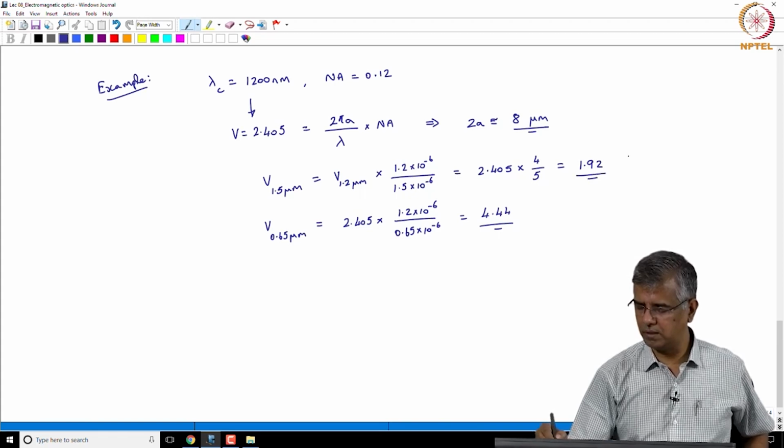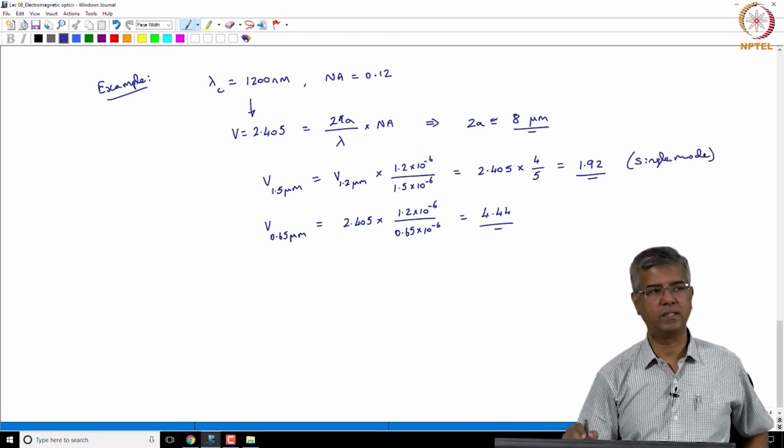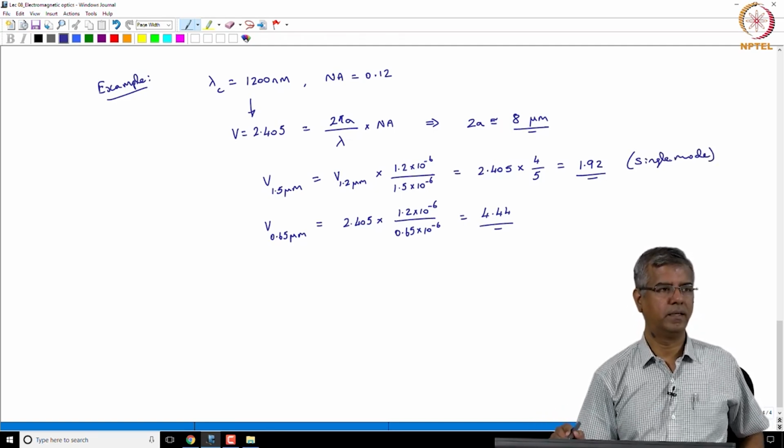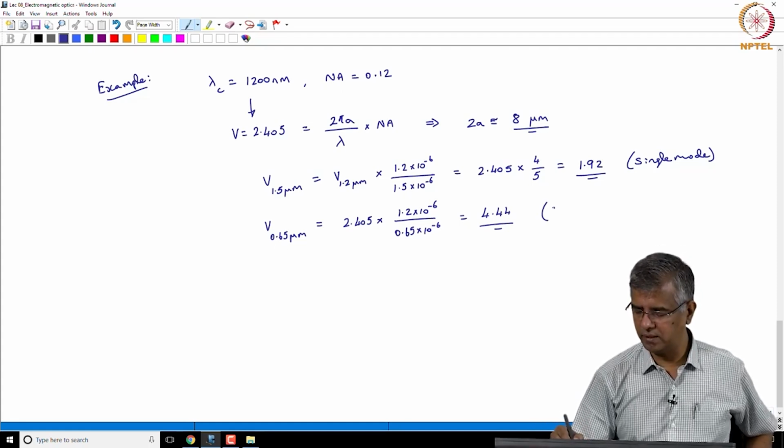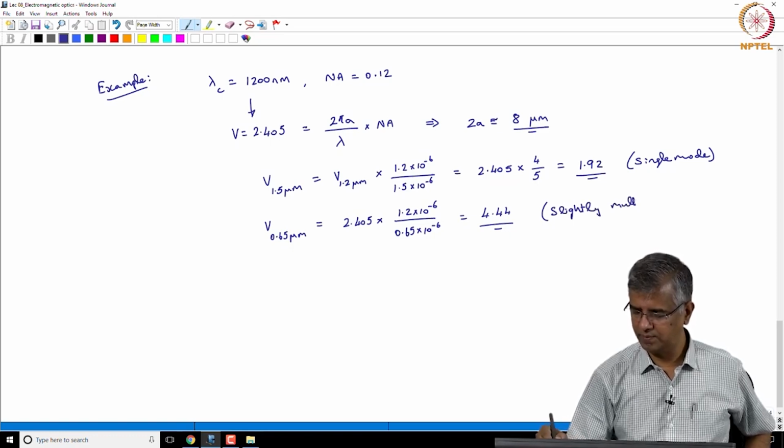So in this case, at 1.5, it clearly works like the same fiber, right. It works as single mode fiber, whereas in this case it works as a slightly multimode fiber.